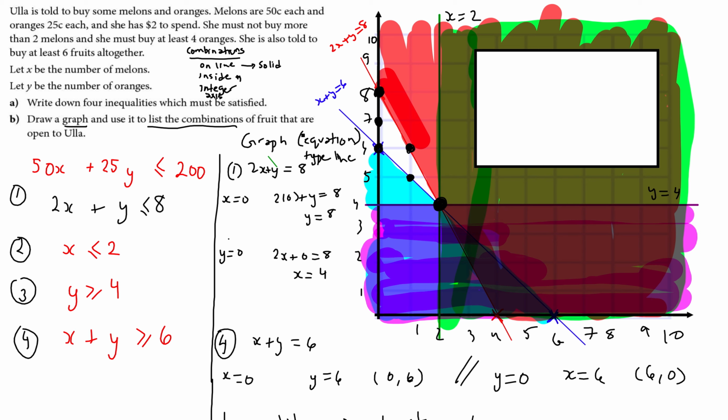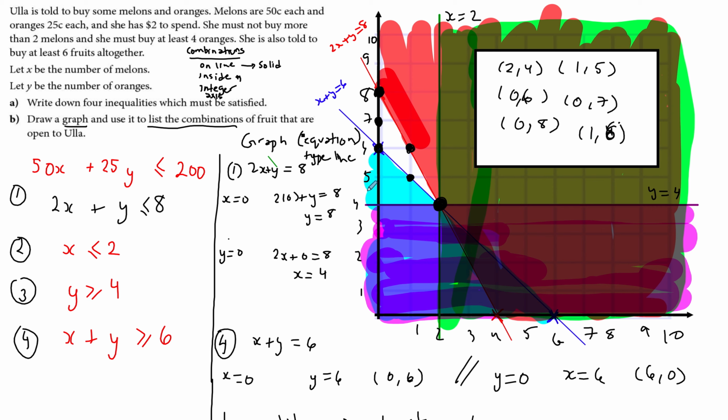The list of solutions are going to be: we have 2, 4, we have 1, 5, we have 0, 6, 0, 7, 0, 8, and we have 1, 6.